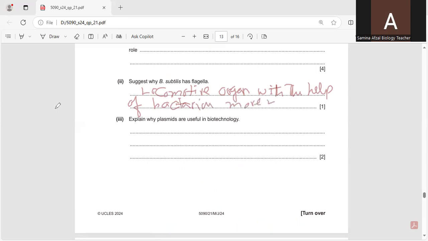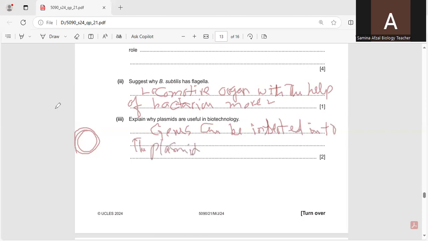Explain why plasmids are useful in biotechnology. So the plasmids are the circular DNAs which are present in the bacterium, and these plasmids can be used to insert foreign DNA, or genes can be inserted into the plasmids.